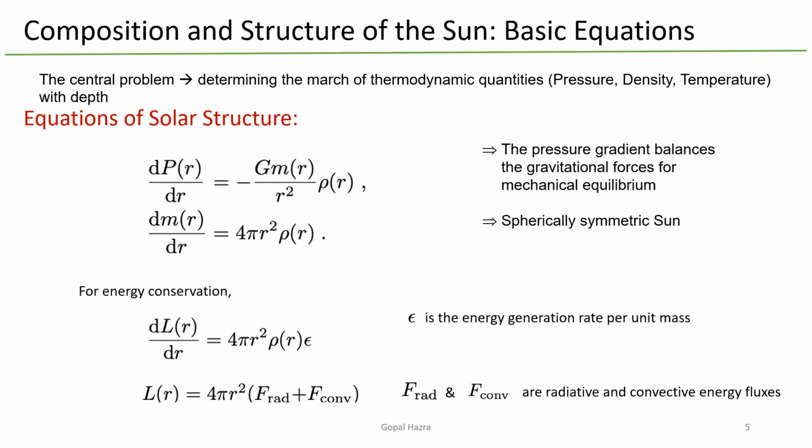I'm multiplying dr with my dP/dr, that equals minus G. So if I remove this, you see this is now giving you the gravitational energy, right? So that will be your E_gr.